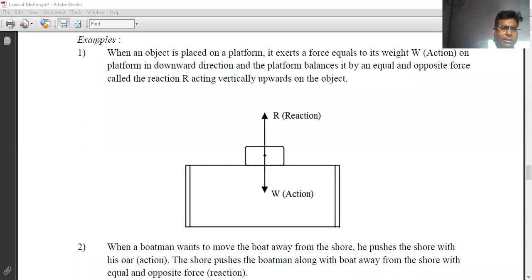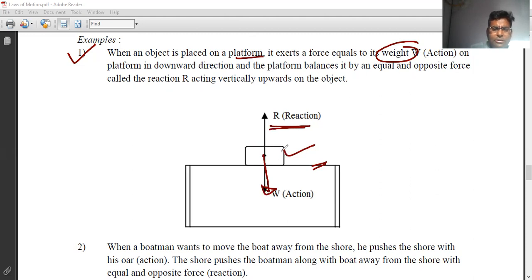Now look at example one. When an object is placed on the platform, this exerts a force equal to its weight. So suppose this is an object kept on this table. Its weight is acting downward and the normal reaction force is acting upward.